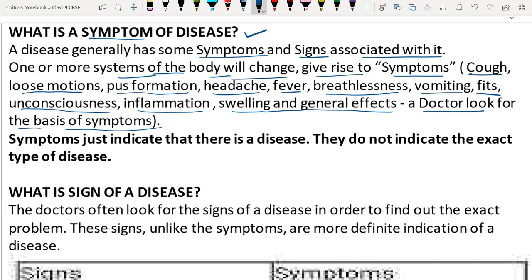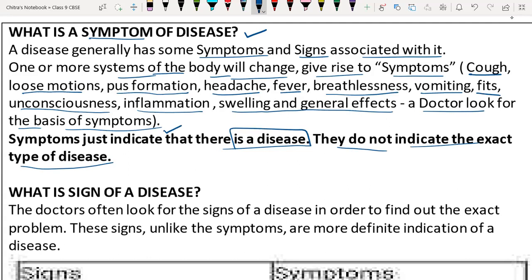They are the symptoms and most of them are felt only by the patient. Symptoms just indicate that there is a disease in the body of the particular organism or human being. They do not indicate the exact type of the disease, by which we cannot identify the type of disease.